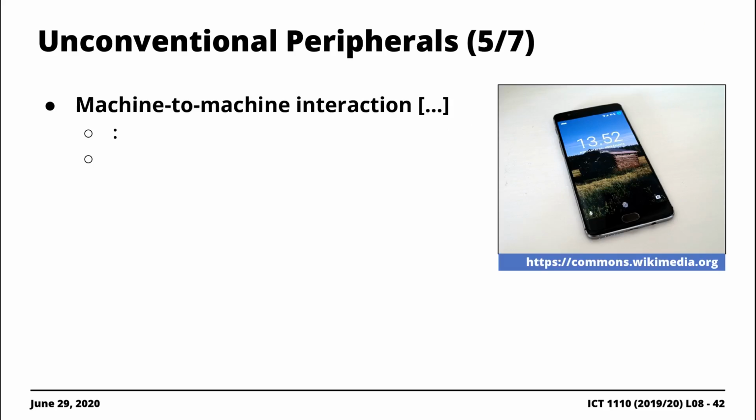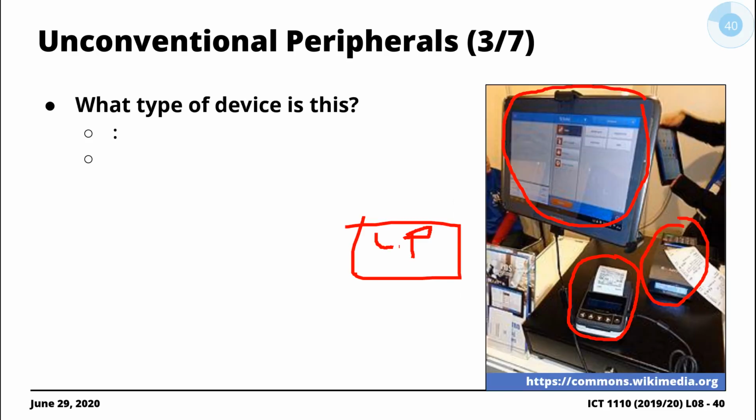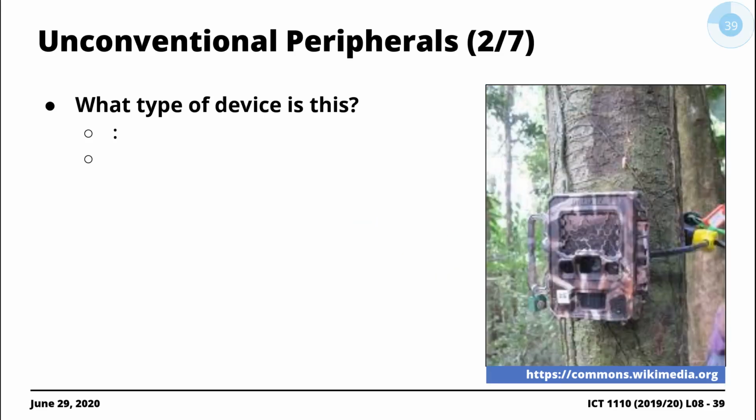It turns out really that when you're thinking of these peripheral devices, the end user is not always a human being, right? So in most of these examples we've been highlighting here, you realize that the peripheral would be facilitating the interaction between a human being and the computer system.